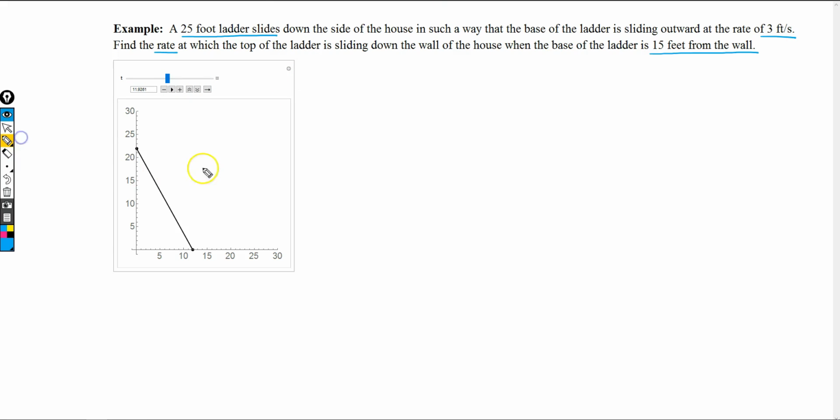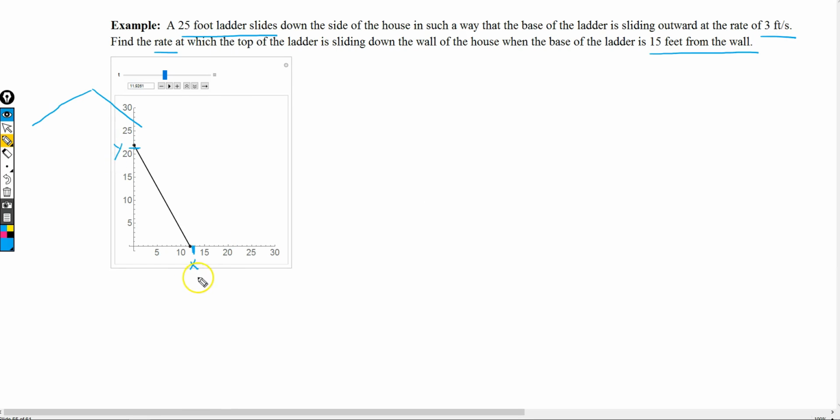So we will call this point right here x, on the x-axis, and that actually represents the distance from the base of the house. The house is right here, by the way. This is the wall of the house. So this distance is x, and let's label this point right here as y.